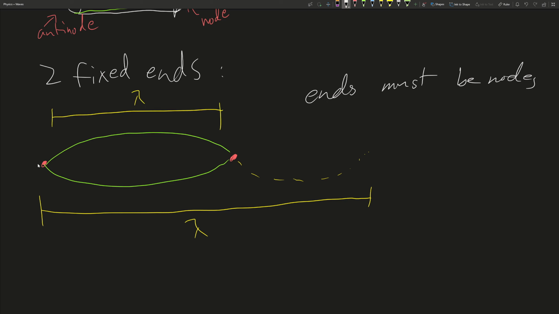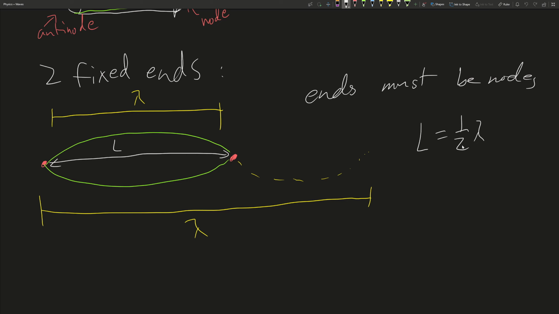So if you have a string that's length L here, L is equal to 1/2 of the wavelength of this fundamental frequency. So the lowest frequency that can produce a wave that satisfies the condition of two fixed ends, where there's nodes at both ends, we'll have a wave that looks like this, where it oscillates with two nodes and one antinode.